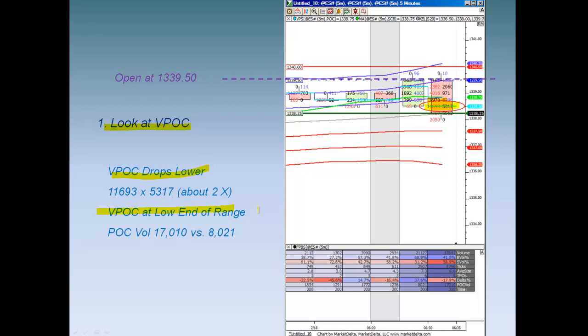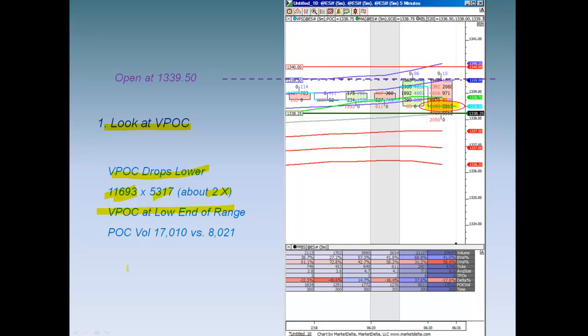All right, now let's take a look at the actual volume that traded at this volume point of control. 11,693 at the bid and 5,000 at the ask. So we have about twice the volume at the bid than we do at the ask. And obviously this is very bearish.